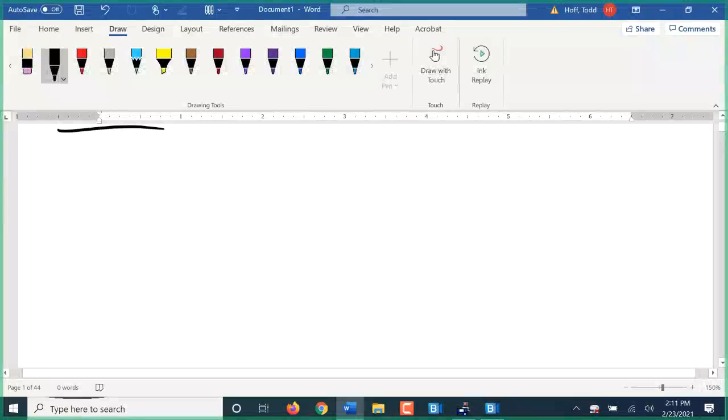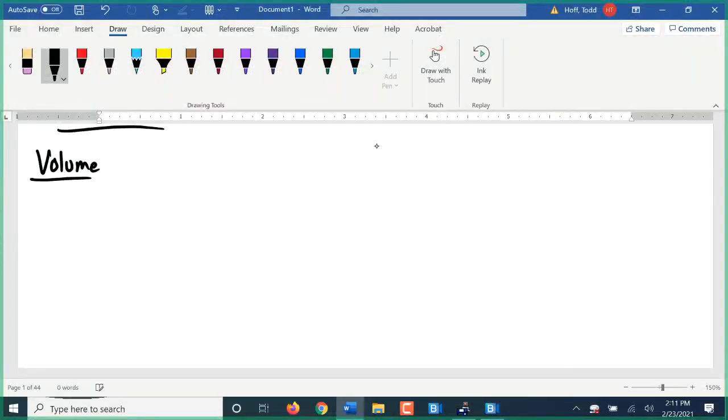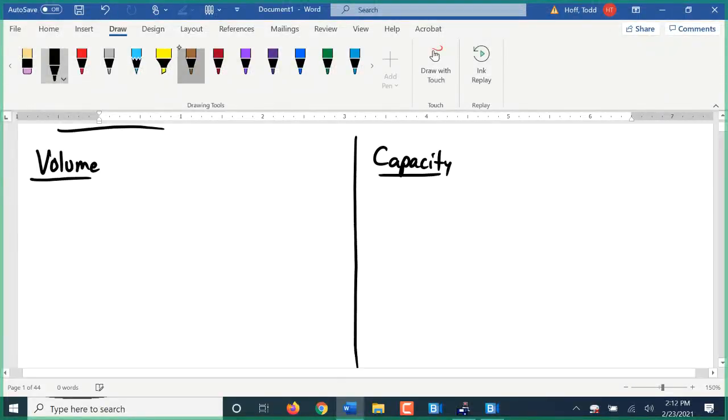Now today, we're going to talk about volume and capacity. And before we do that, I want to talk a little bit about what is the difference between volume and capacity? Volume is found by combining length units, or just combining lengths.